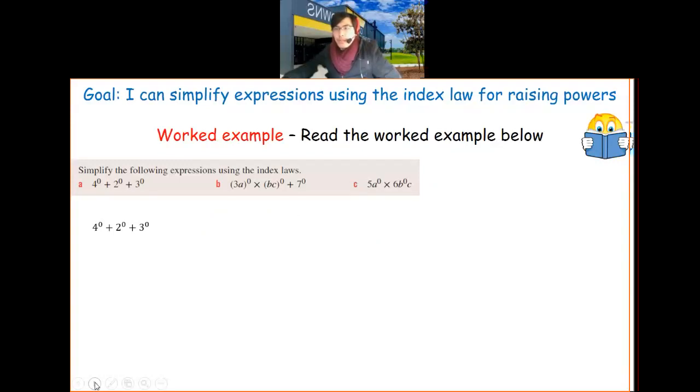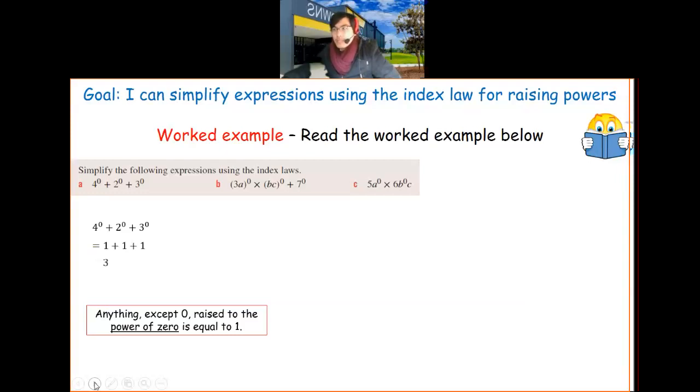Remember, anything except 0 raised to the power of 0 is equal to 1. So 4 to the power of 0 is 1, plus 2 to the power of 0 is 1, and 3 to the power of 0 is also 1. So here we have 1 plus 1 plus 1, and that's going to give you 3 as an answer.